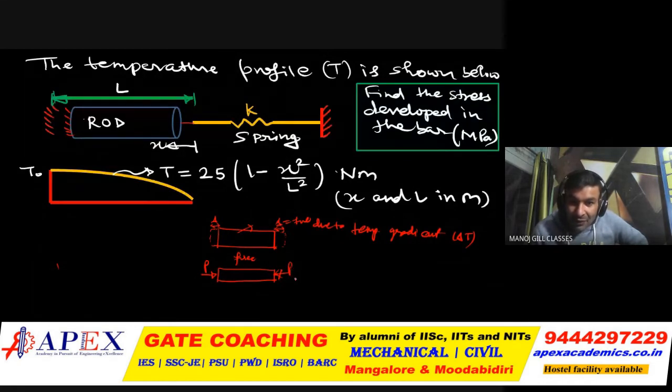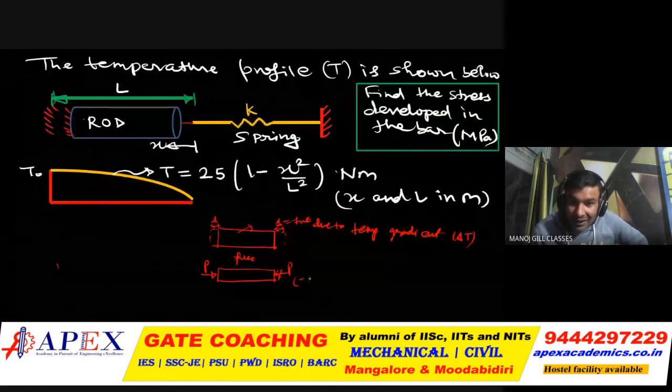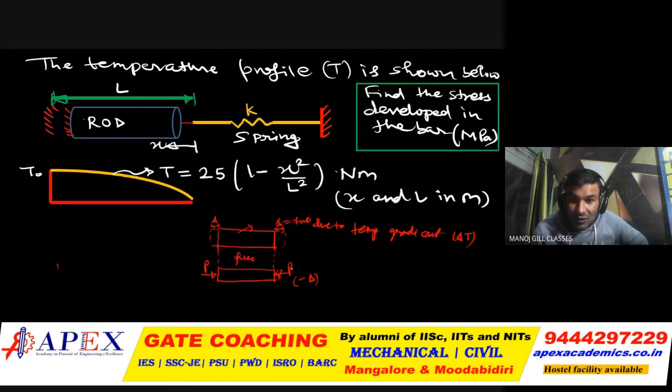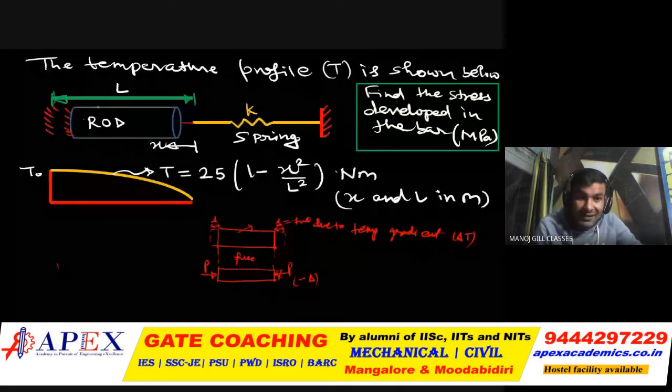Then this delta will be the same magnitude but in the negative direction, so the bar will be exactly in this position. Be careful, this is due to the resistance of the fixation. Very important.